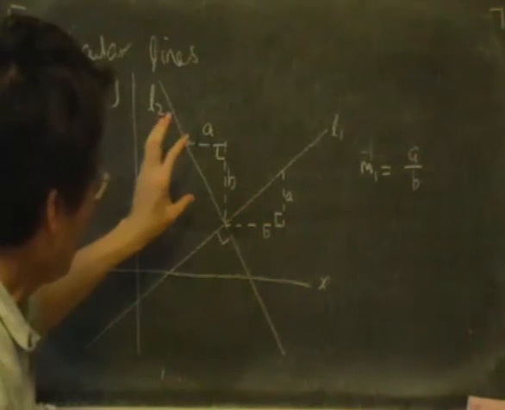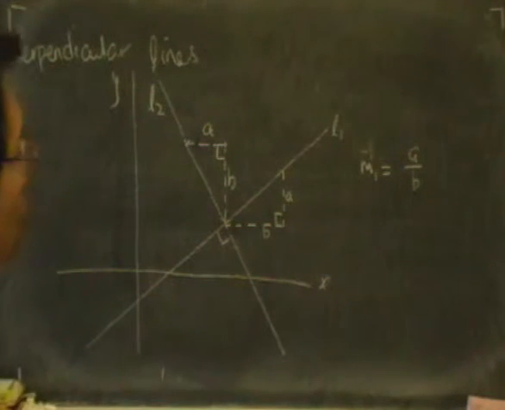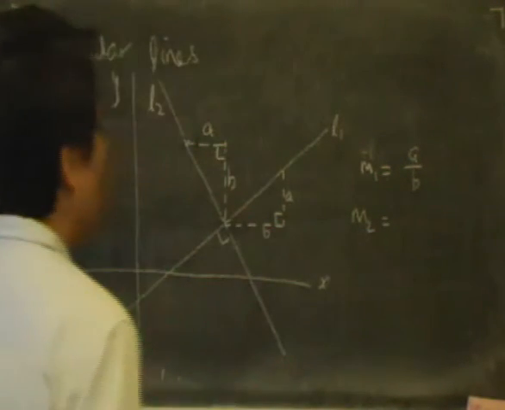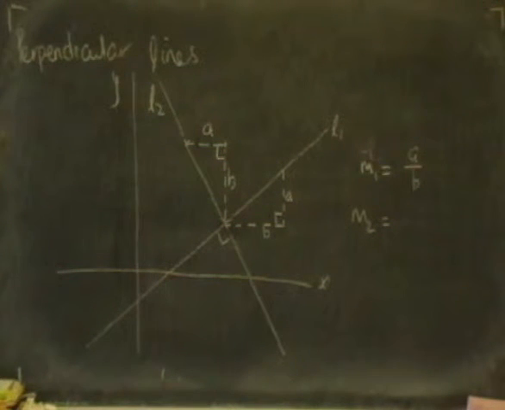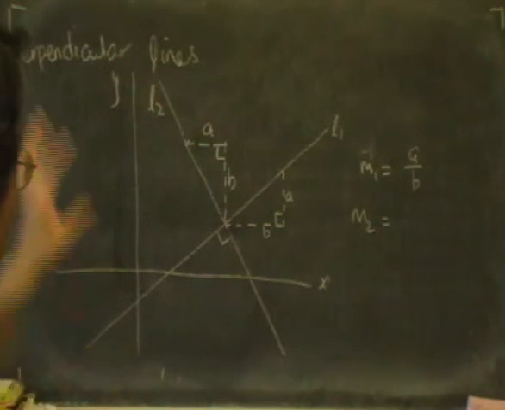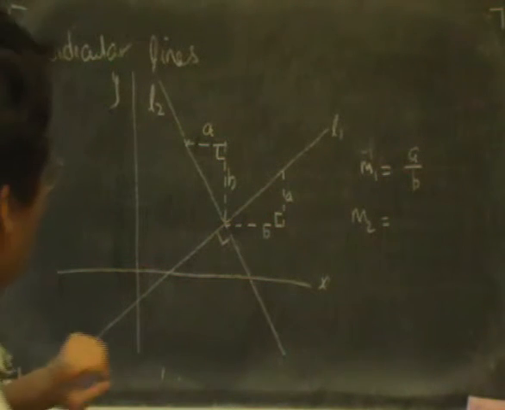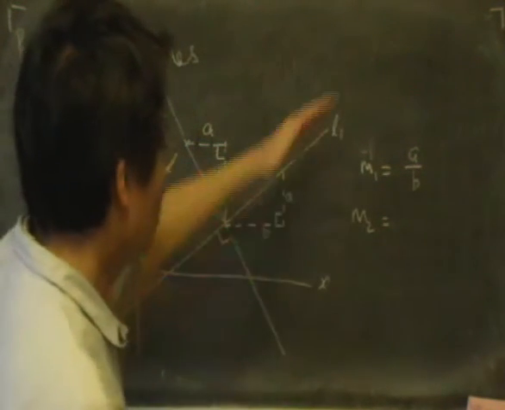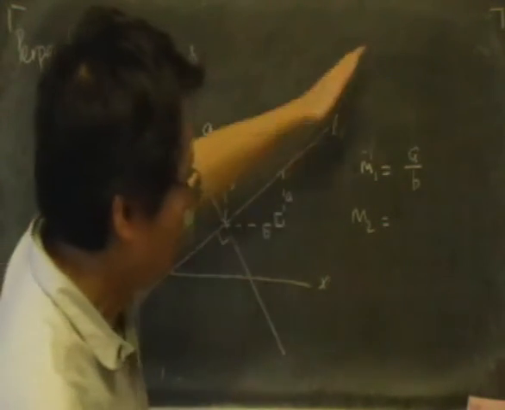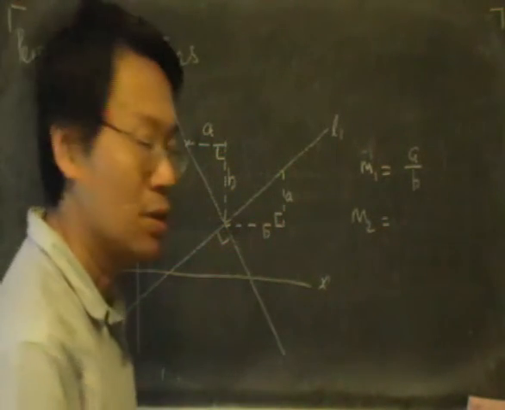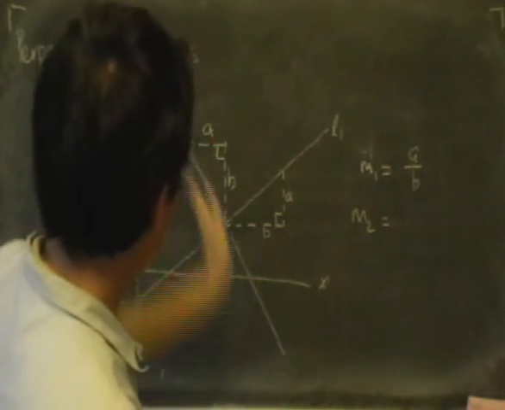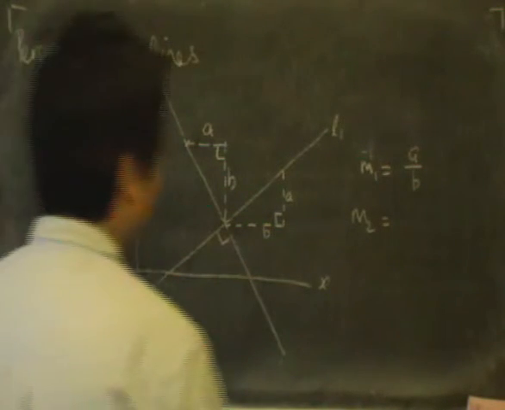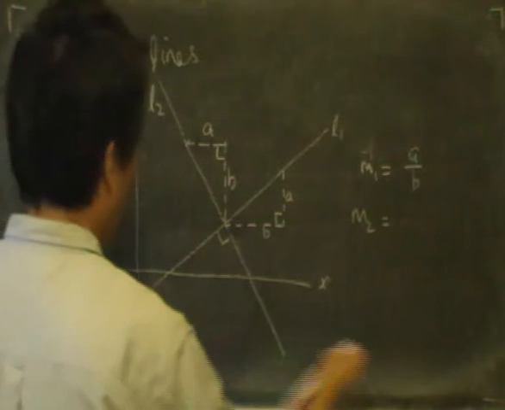Now, can we use this triangle to find the gradient of L2? Let m2 be the gradient of L2. It's a little bit tricky here because this orientation is a bit different from what we are used to. We are used to having a line going that way and a right-angled triangle below it. But now we have the line going the other way. So let me flip this triangle over.